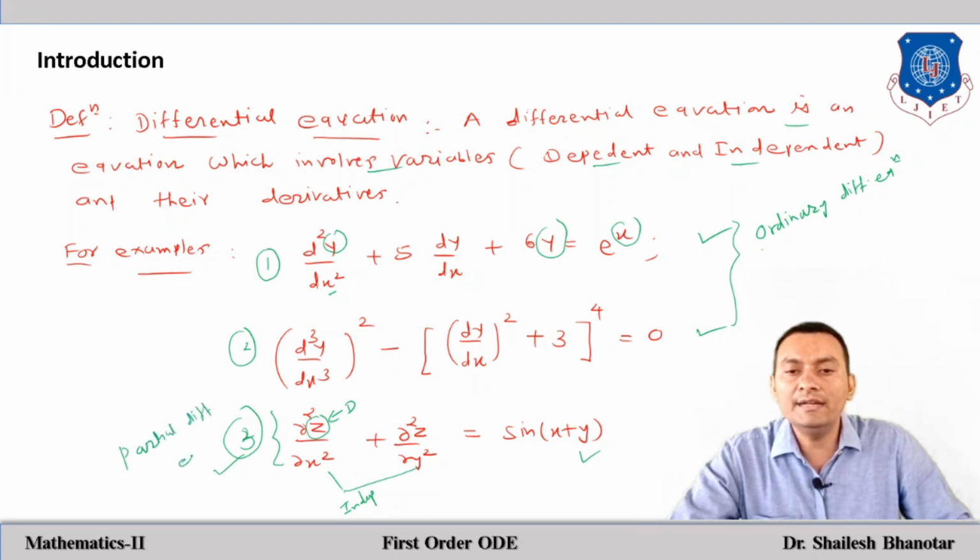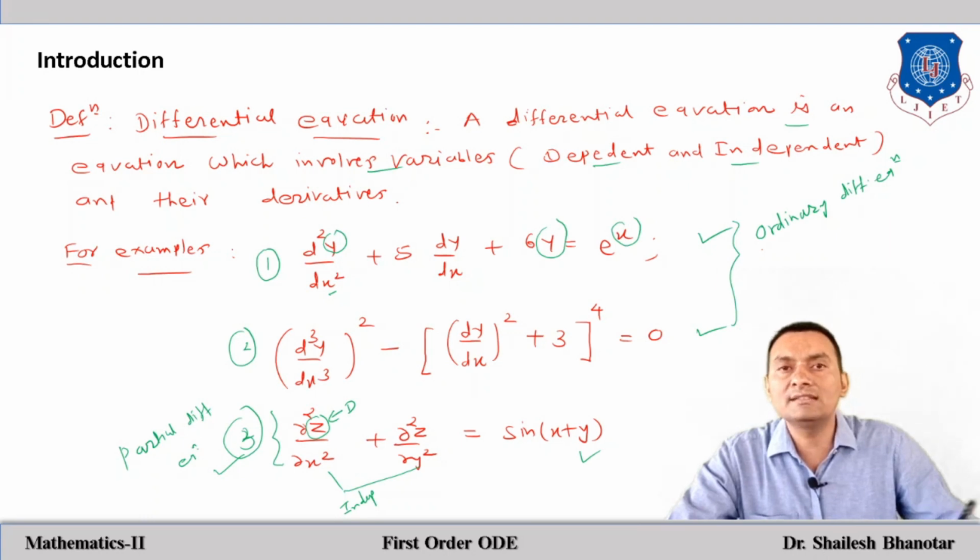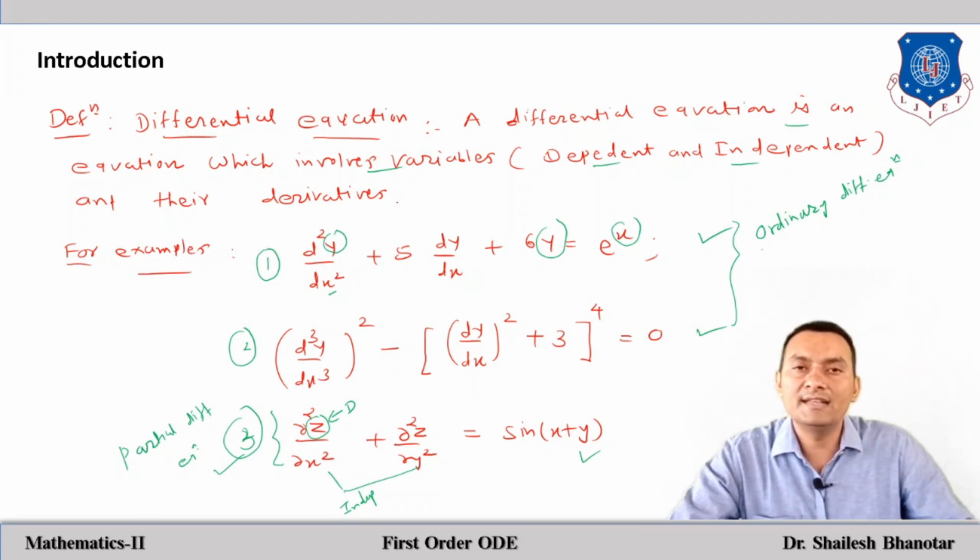So now it is clear what the types of differential equation are. It can be a partial differential equation or an ordinary differential equation. Let us move on to the next.